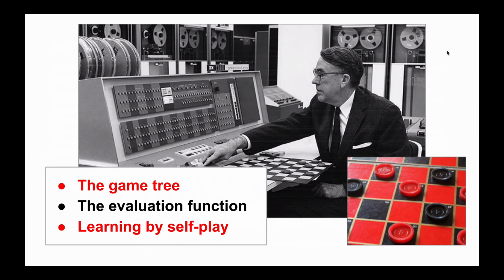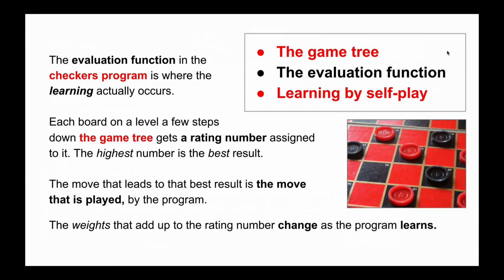The other is having the computer program play itself. This leads not only to faster results, because the computer can make moves much faster than a human can type, but also the program can get better at the game than the person who programmed it by having two programs play each other. The evaluation function is where the learning happens.